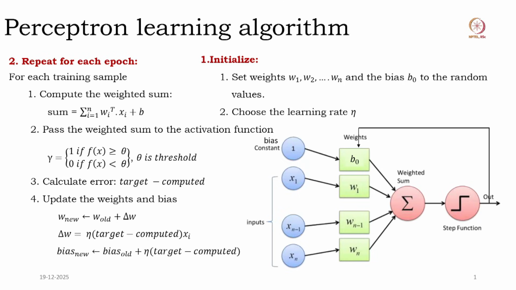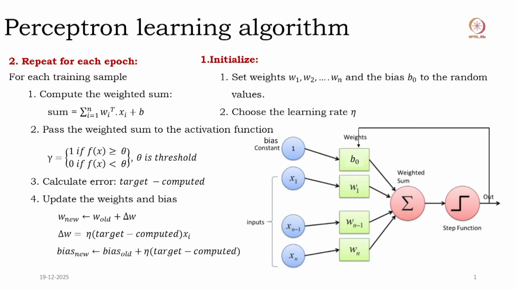The new weight is the old weight plus delta W. What is delta W? There is a learning rate, and whatever error we have calculated, target minus computed, and then you multiply it with its input, because we need to know which weight we want to update. If you are updating W1, W1 is the weight associated with the input X1.